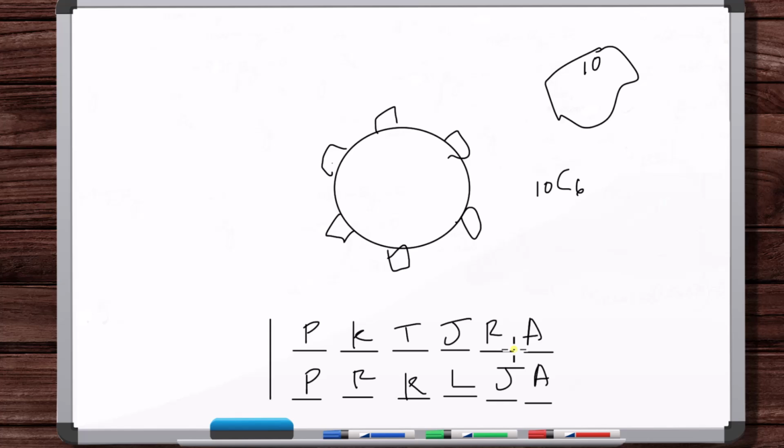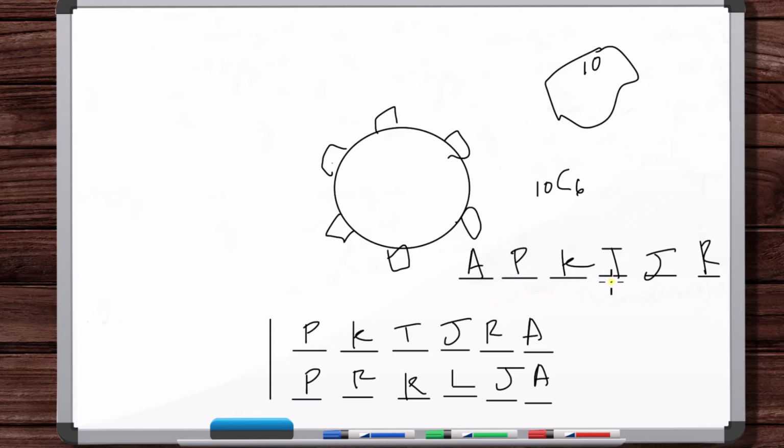So with that, if we think about the case of the permutations where order mattered, what we were trying to divide out because of the rotations, all of those rotations were the same group of people in the picture, right? But that did matter in terms of permutations. So, okay, PKTJRA, with a rotation, it would turn into A, P, K, T, J, R, which from a linear perspective, you want to count.